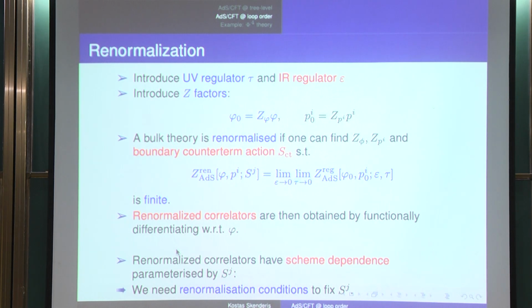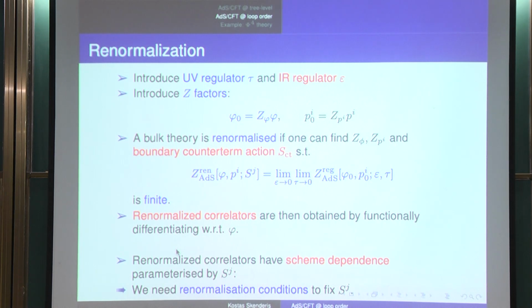And then the answer should depend on the renormalized couplings, the ones that appear here. And in general, it's going to depend on a set of parameters S_j, which is this scheme dependence. Renormalized correlators can now be obtained by functionally differentiating with respect to these renormalized sources.